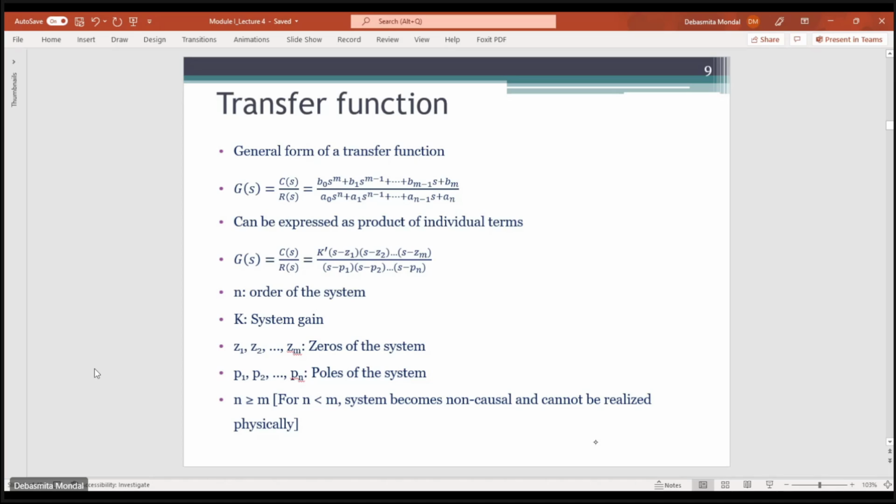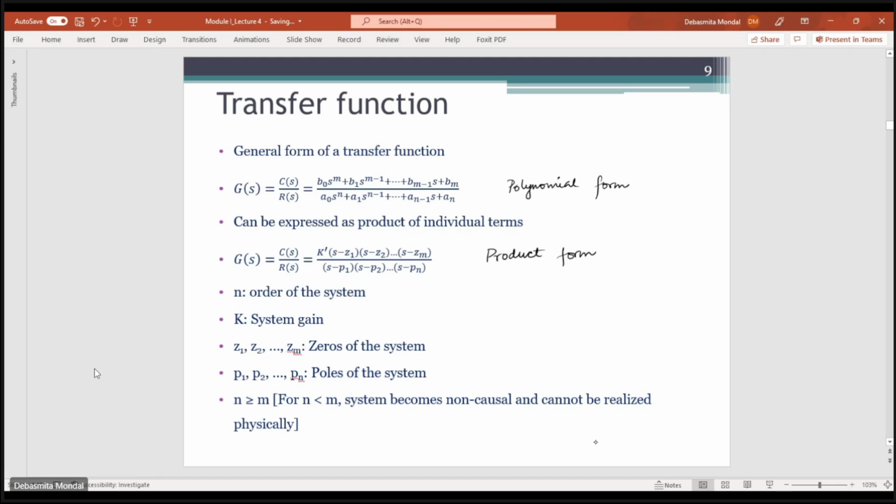Similarly, the denominator can be represented by (s minus p1)(s minus p2) and so on, till (s minus pn). So these are two kinds of representations of a transfer function: you can either represent it in polynomial form, or in product form.